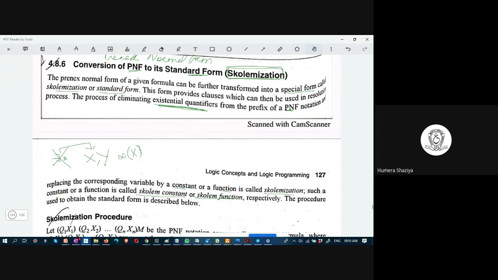Replacing the existential quantifier by a constant or a function is known as Skolemization, and whatever is being used for this replacement is known as a Skolem constant or a Skolem function. X and y are known as Skolem constants. If a function is used, it is known as a Skolem function.